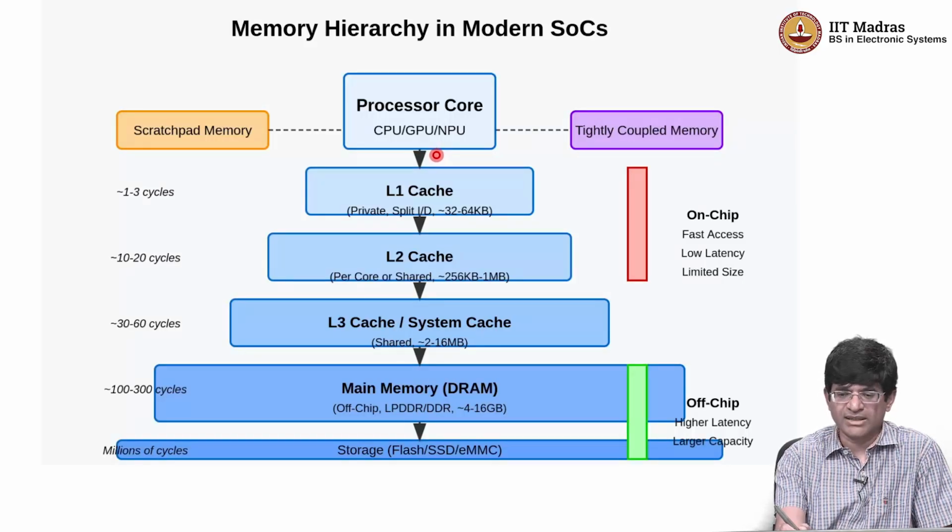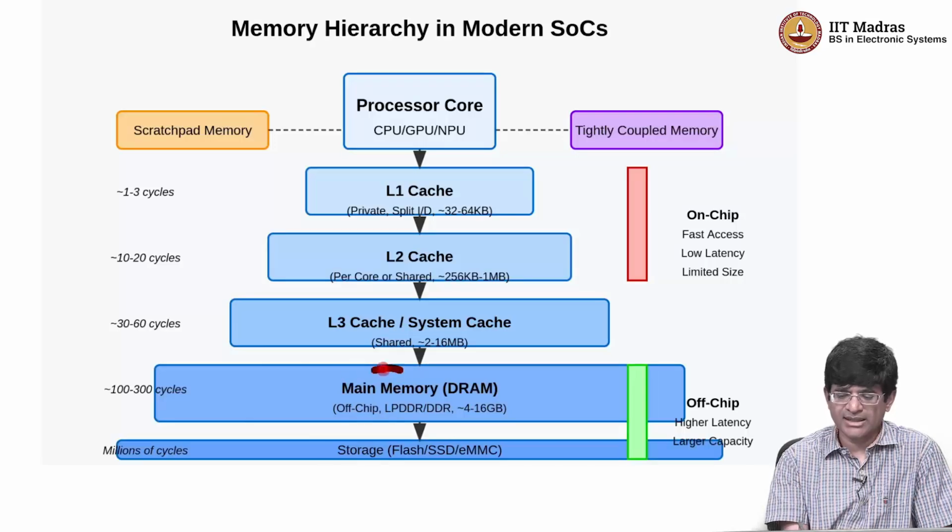Maybe not quite as fast, but especially in the case of a scratchpad memory, it's possible to explicitly control how you use it. Now, a scratchpad memory is very similar to what's called the level 1 cache memory, the primary difference being that the cache memory is used for a slightly different purpose. What happens in cache is, you can see this pyramid of memory structures that I have drawn over here.